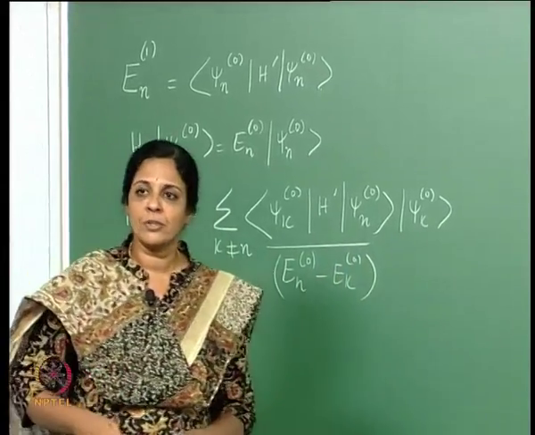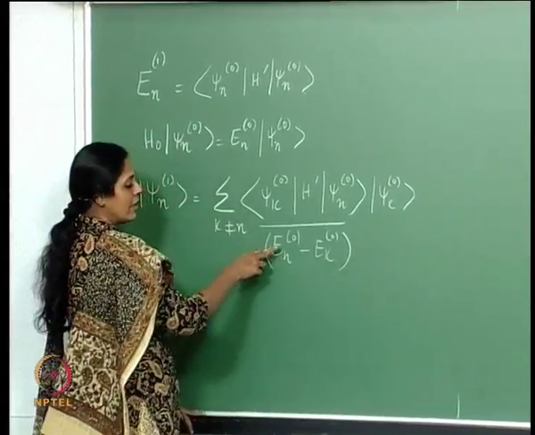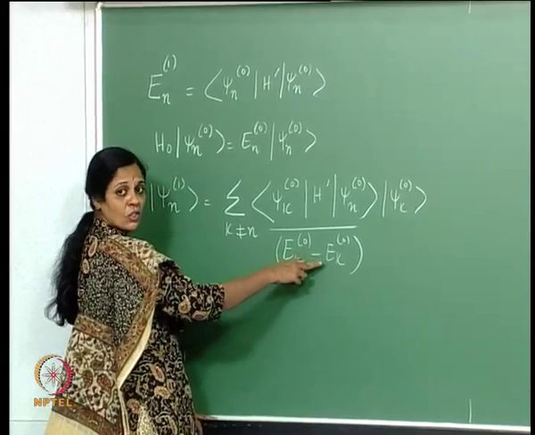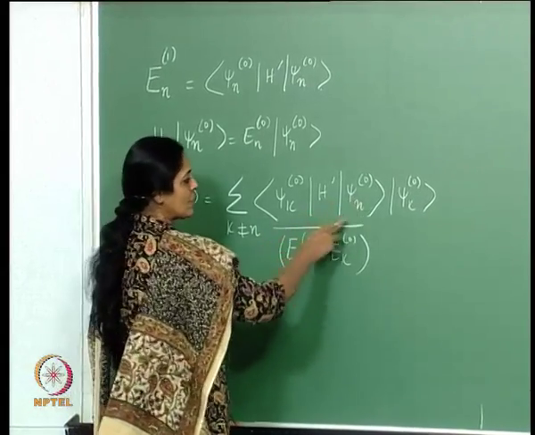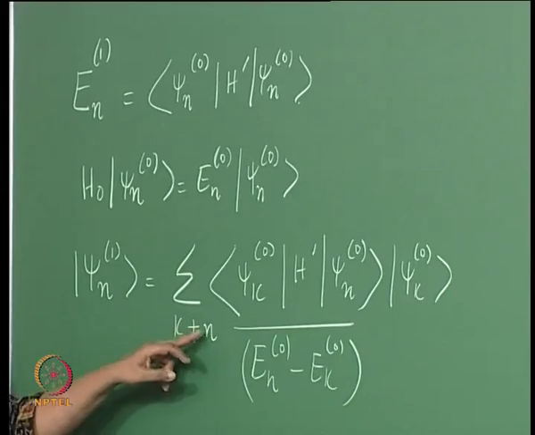And to quickly recapitulate, the problem arises when there is a degeneracy, because then the denominator becomes 0, and that is okay provided the numerator becomes 0. And we are only interested in all k not equal to n.